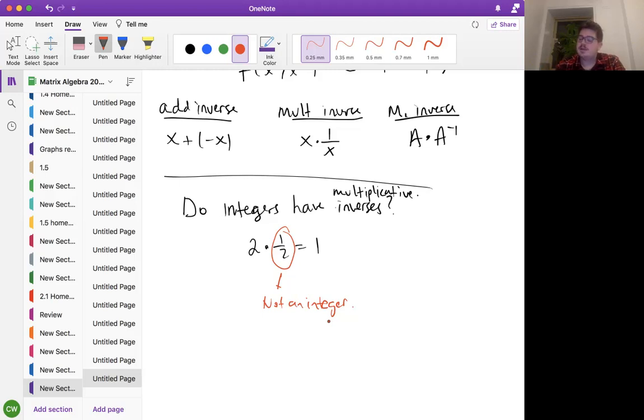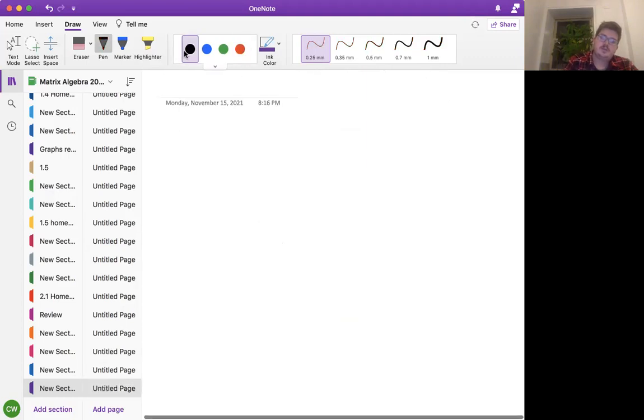Okay, so next time we'll talk about specific types of sets that have certain operations. For example, there are things called groups, rings, fields.